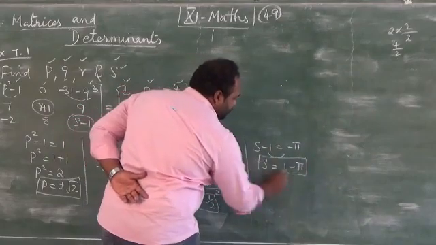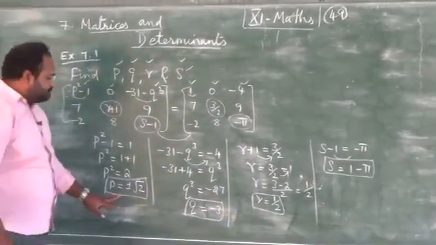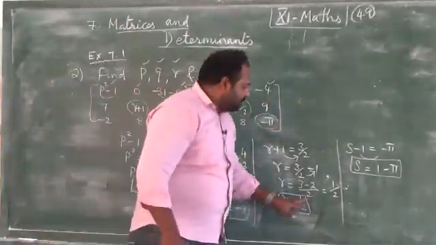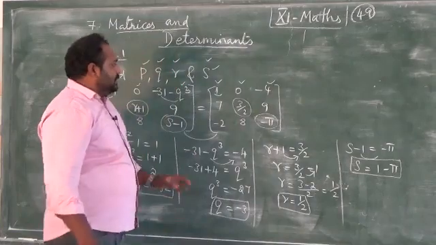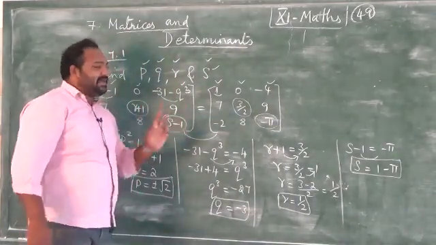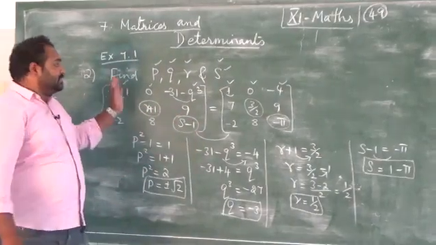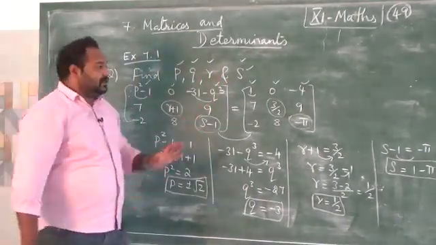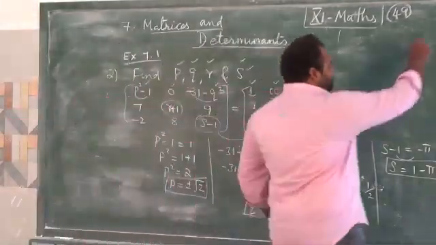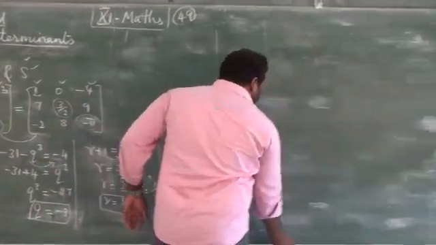So this is the value of S. So we have found the required values: the P value, Q value, R value and S value. Here what we learnt is, if two matrices are equal, we can confirm that the corresponding values are equal. By this condition we have found these values. So question number 2 is over. Next, problem number 3.